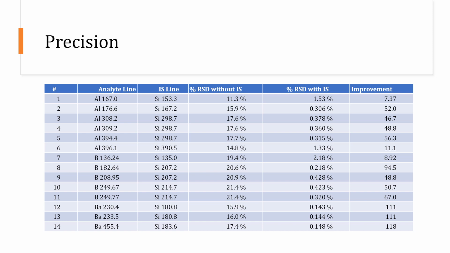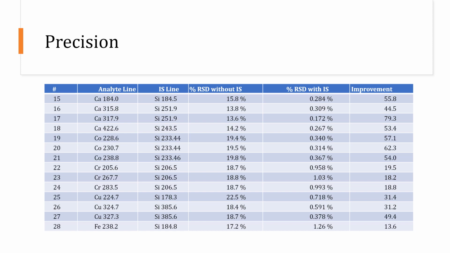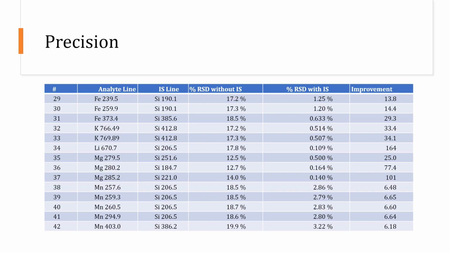Furthermore, there are results for boron and barium. Then continuing on to results for calcium, cobalt, chrome, copper, and the beginning of iron. Then iron, potassium, the only line for lithium, magnesium, and manganese.